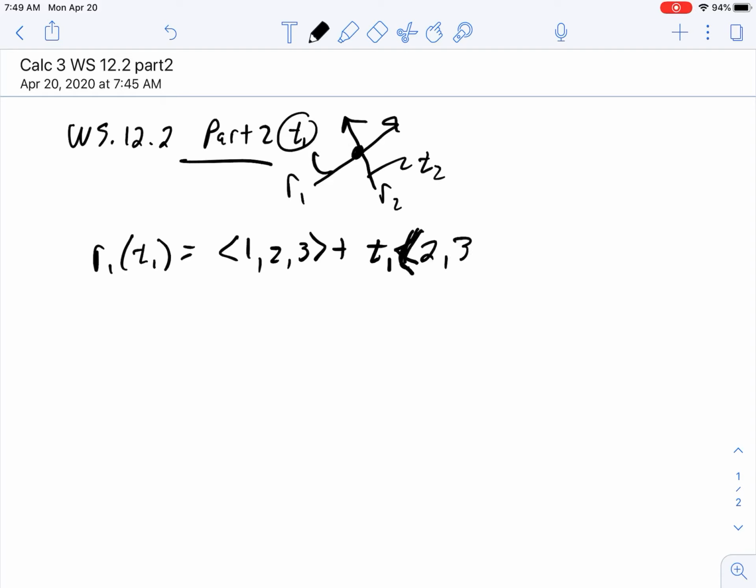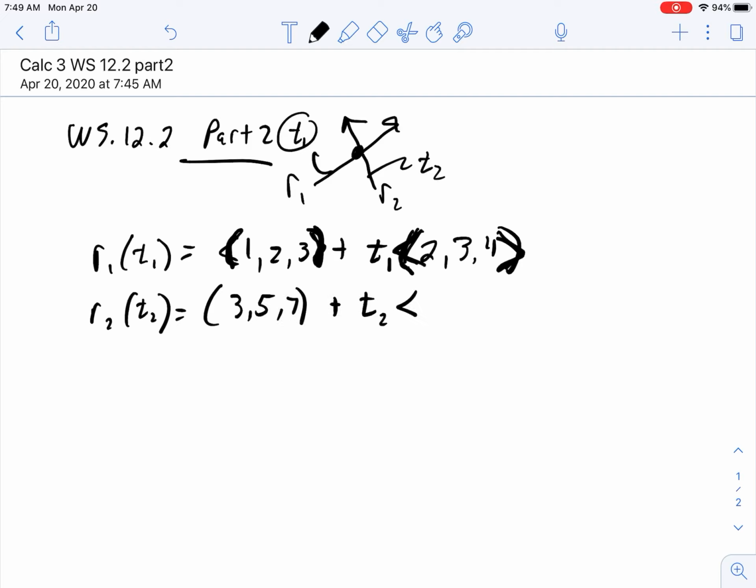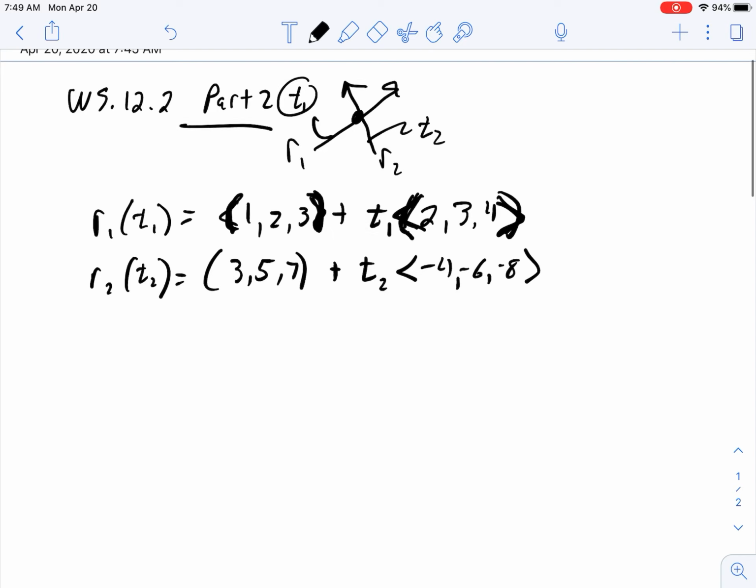This is my point 2, 3, 4, and this is my slope. Okay, so R2, so this is time 2. My point is 3, 5, 7. And my time 2 would be -4, -6, -8.